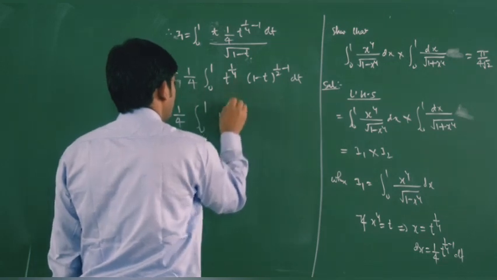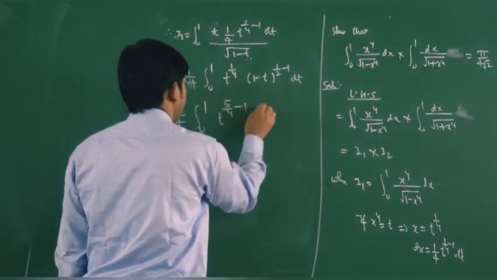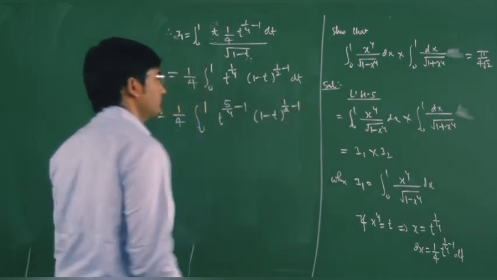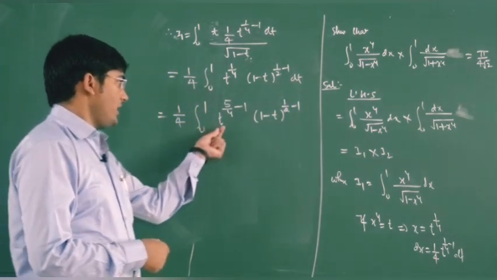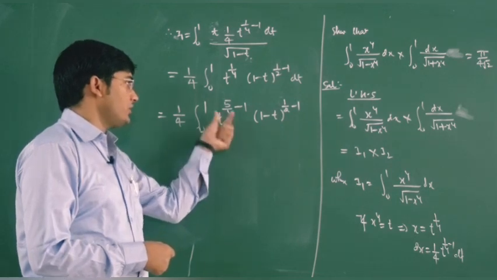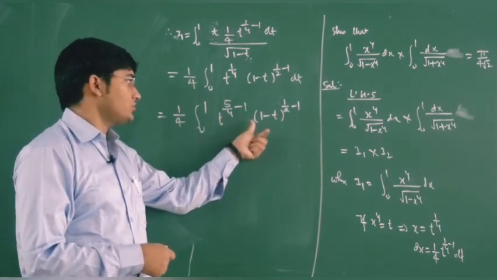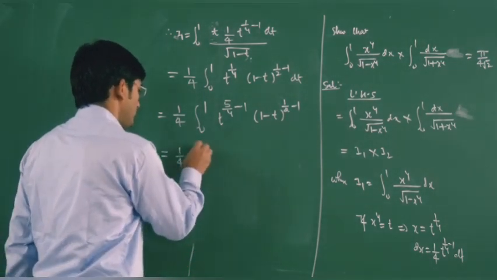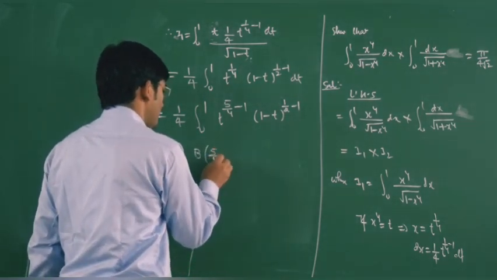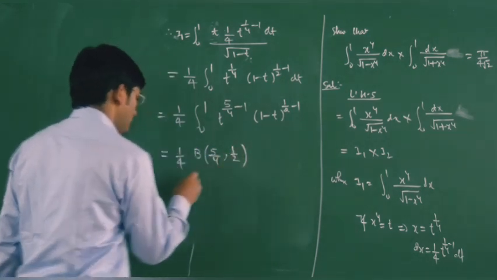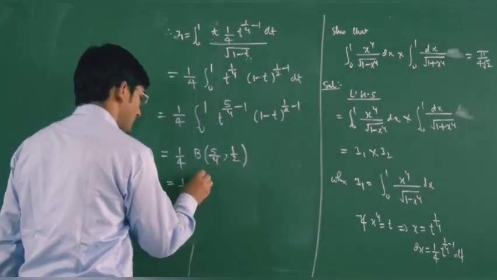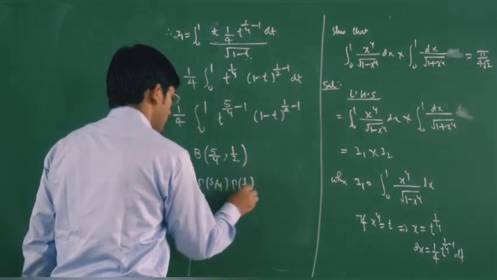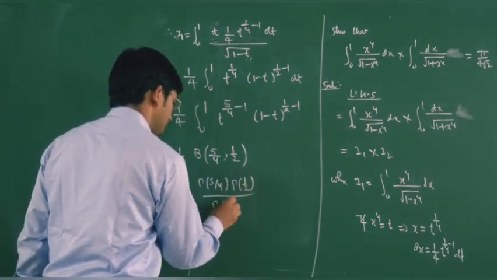Then we can write it as 5 by 4 minus 1, 1 minus t power 1 by 2 minus 1. Now again, we have the formula of integral 0 to 1 x power m minus 1 into 1 minus x power n minus 1. So this is beta 5 by 4 comma 1 by 2. Now beta m comma n is equal to gamma m into gamma n divided by gamma m plus n.